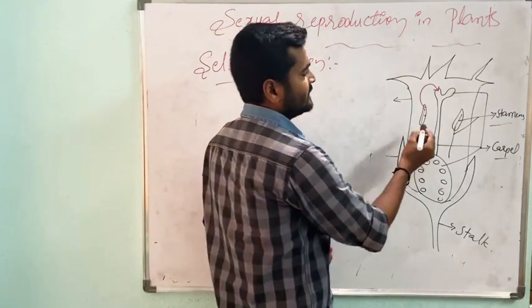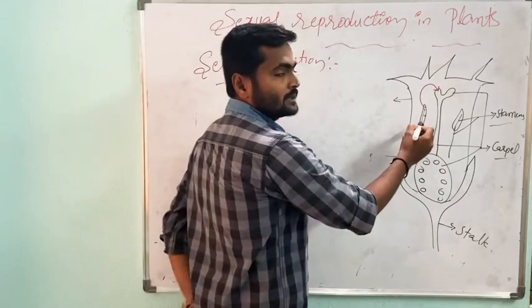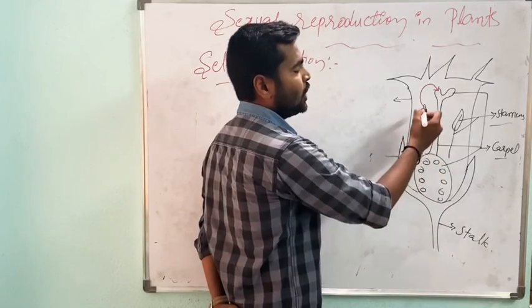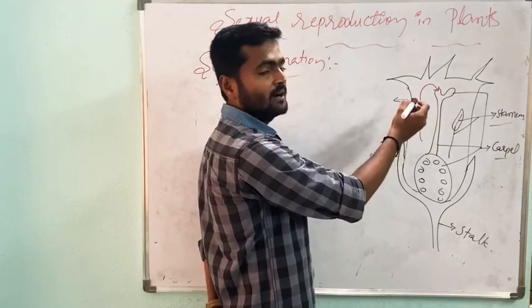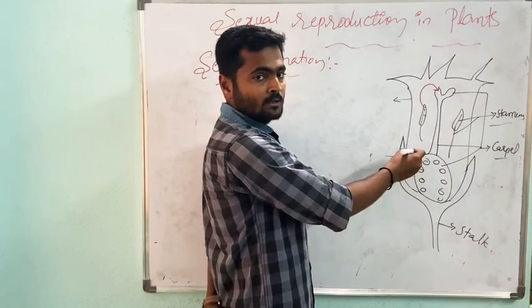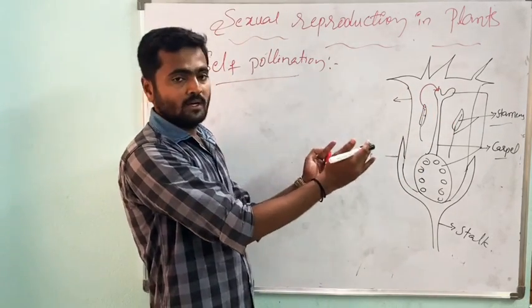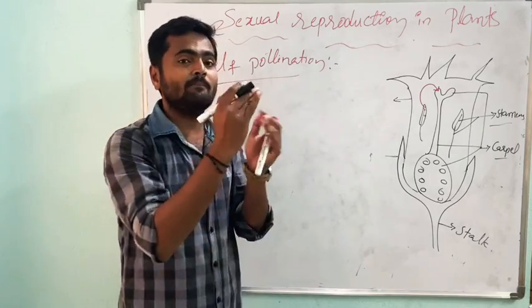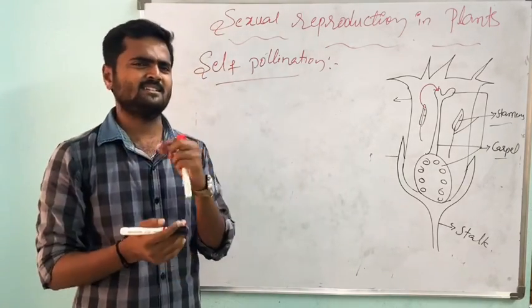If you want to write it more elaborately, the fertilization of the sperm cells or pollen grains of one flower takes place inside the ovary, with the ovules of the same flower. That is a little bit critical.